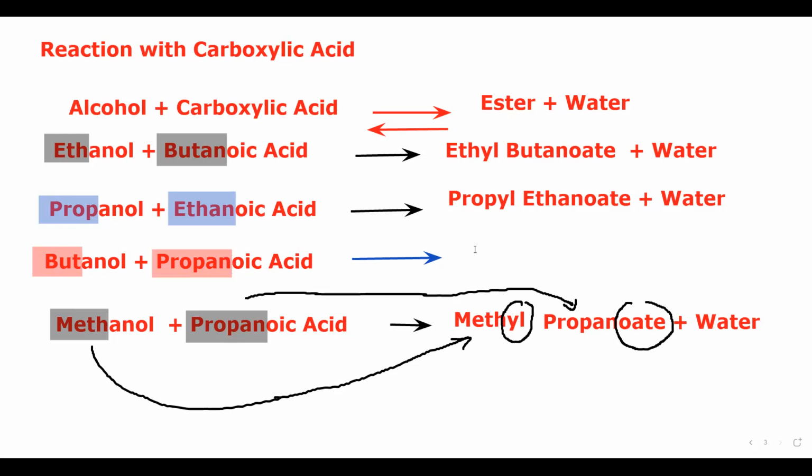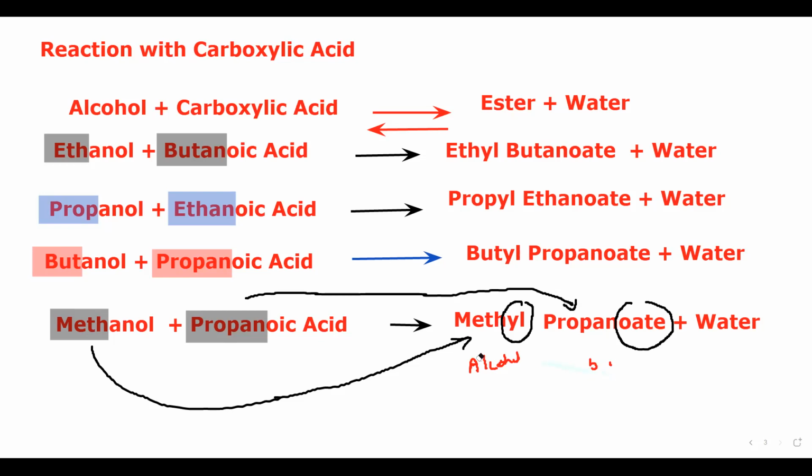So the product will be butyl propanoate plus water. So whenever an ester is formed, the first name of the ester is from alcohol, and the second name is coming from carboxylic acid. Is it clear how we name the ester?